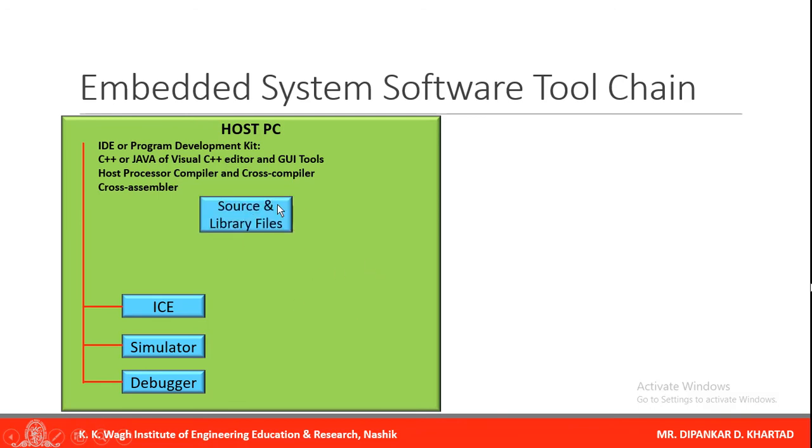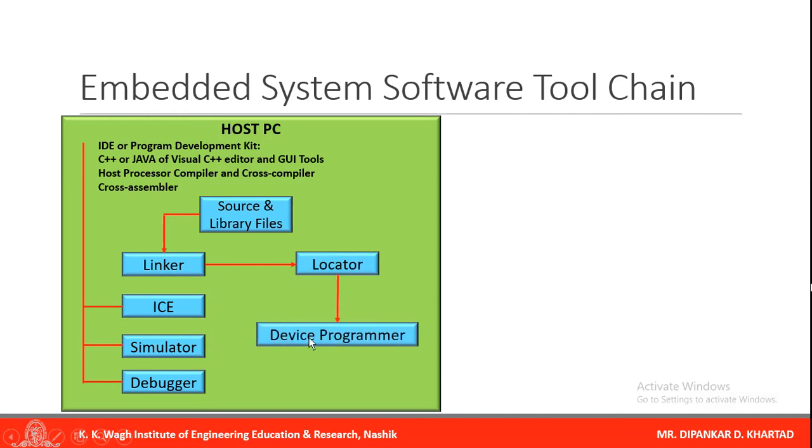This is our source file and library file. Now that source file will be converted, it will have a compiler as well, that compiler will convert that source file to the machine code, and then that will link to other machine code files, and generate the locator and go to the device programmer by hex file.